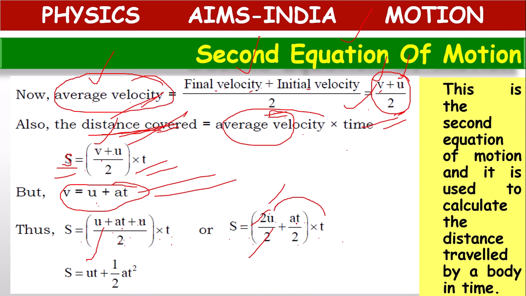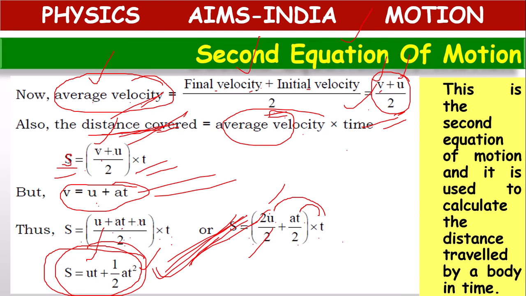Here we have at by 2, meaning half at; if you multiply with t, half at square. So s equal to ut plus half at square. We were able to derive this formula with the help of average velocity. So this is the second equation of motion, children. It is used to calculate the distance traveled by a body in time t.